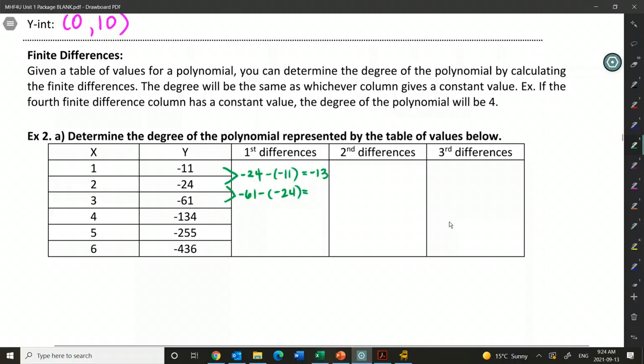I'm just going to grab my calculator now because I know I'm not going to do this well in my head. Okay, not a super difficult process.